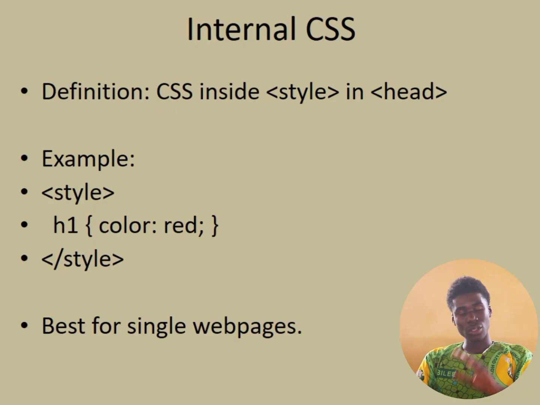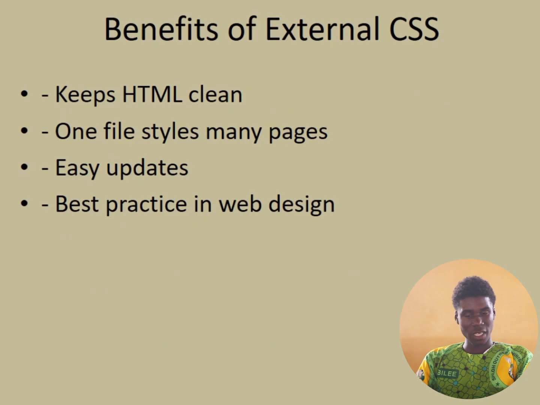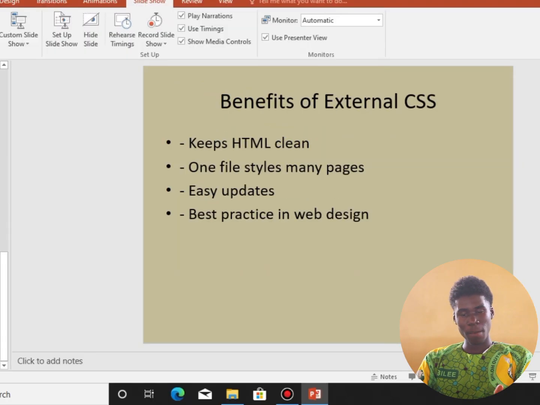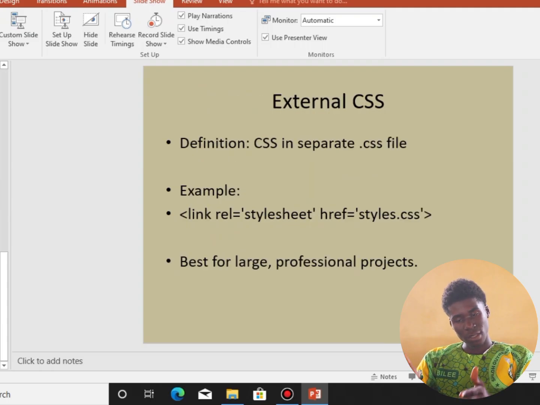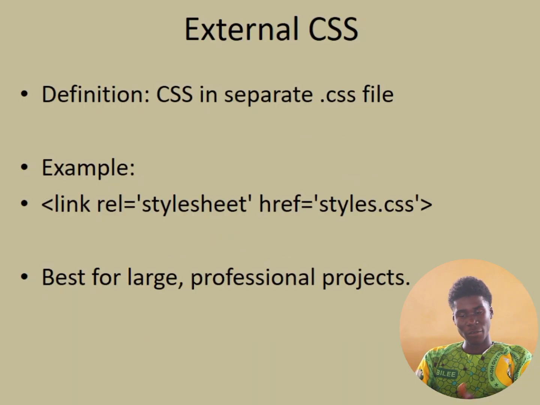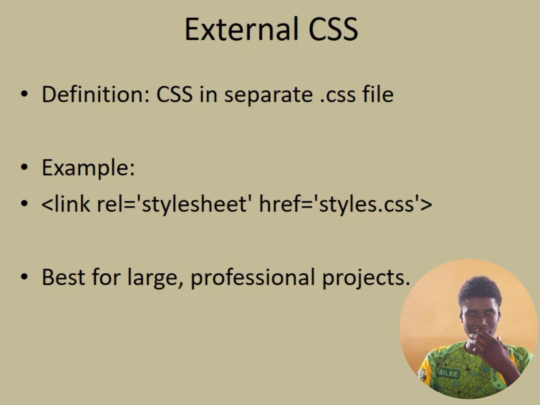And now we have the external CSS. This is CSS that is separate from the HTML document. It's another file created aside from the HTML document, which you will link to your HTML, and within that CSS file you can select all the HTML tags that you want and give all the rules that you want to apply.